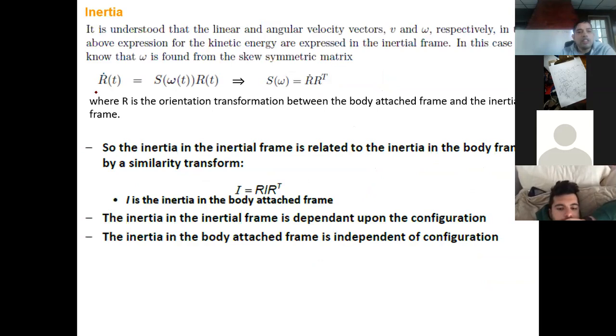So we know this relation here, right? We know R dot equals S RT. This is from the previous chapter. So if you multiply this guy by, how do you get this relation from there? How do you get this guy from this guy?